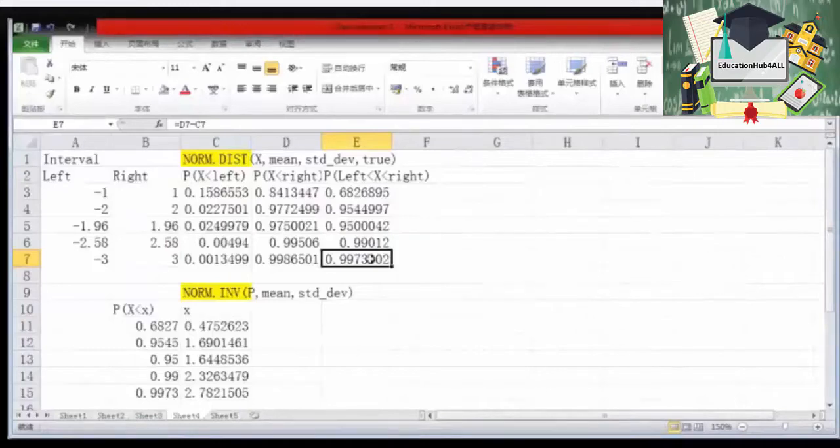So this is called the 3 sigma principle, because if we have a normal distribution, almost 99.7% should be located within the 3 sigma. When we see some values lower than 3 sigma or higher than 3 sigma, sometimes we see it as an outlier. In some quality control, that's how we make a decision about which value is an outlier.